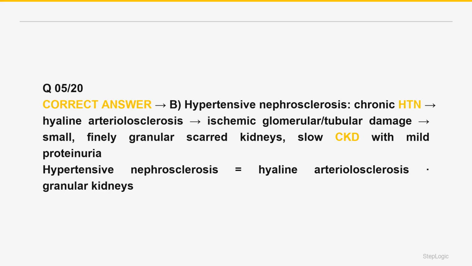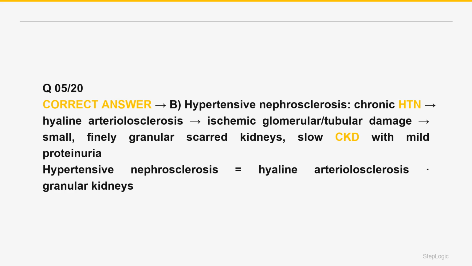The result is a slowly progressive chronic kidney disease, usually with only mild proteinuria and a gradual rise in creatinine. Grossly, the kidneys become small and shrunken with a finely granular, grain leather surface from the diffuse scarring.